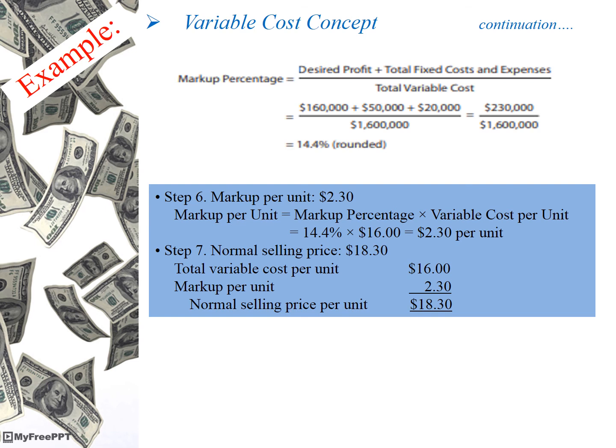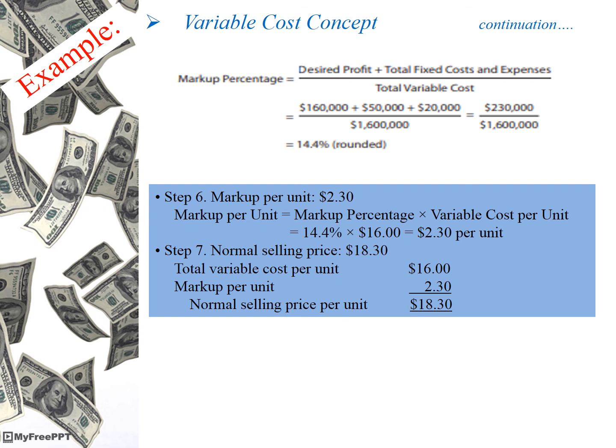The desired profit of $160,000 plus the total fixed costs and expenses of $70,000 divided by the total variable cost of $1,600,000 is equal to 14.4%. Step 6. Markup per unit is equal to $2.30. That is markup percentage of 14.4% times the variable cost per unit of $16 is equal to $2.30 per unit.